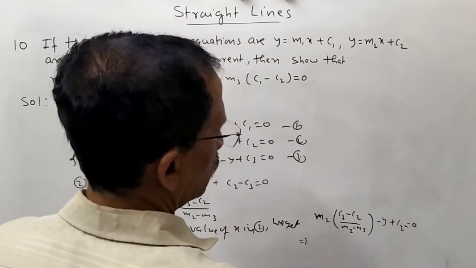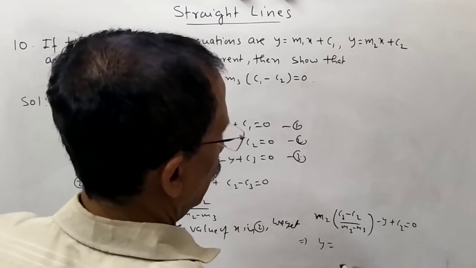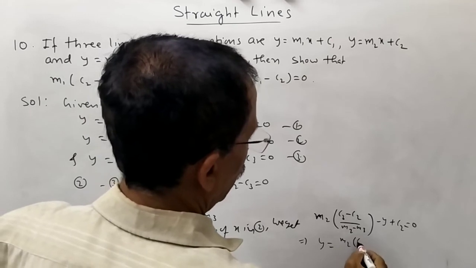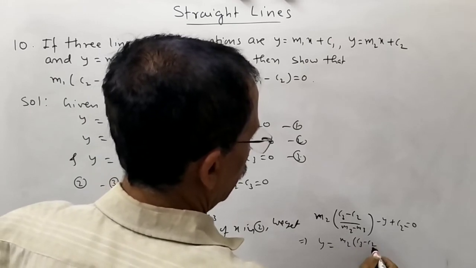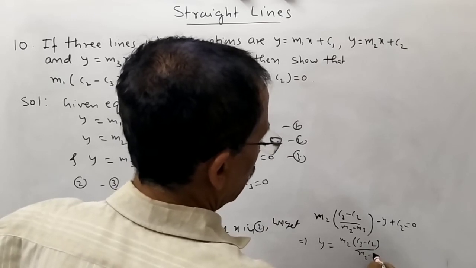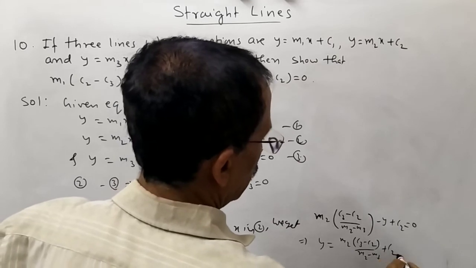This implies y is equal to m2 into c3 minus c2 divided by m2 minus m3 plus c2.